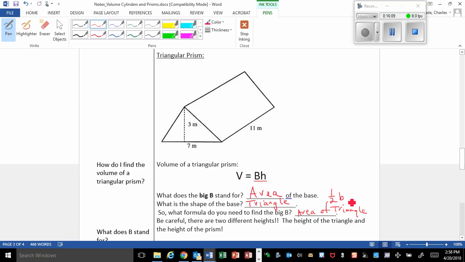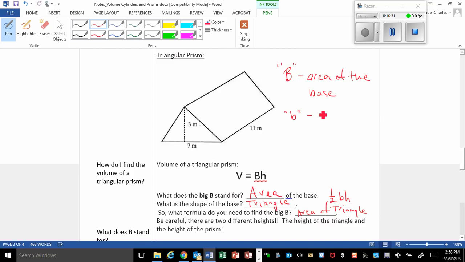Now here's where it gets tricky. There's another B here. That's right. Big B is the area of the base. Okay?